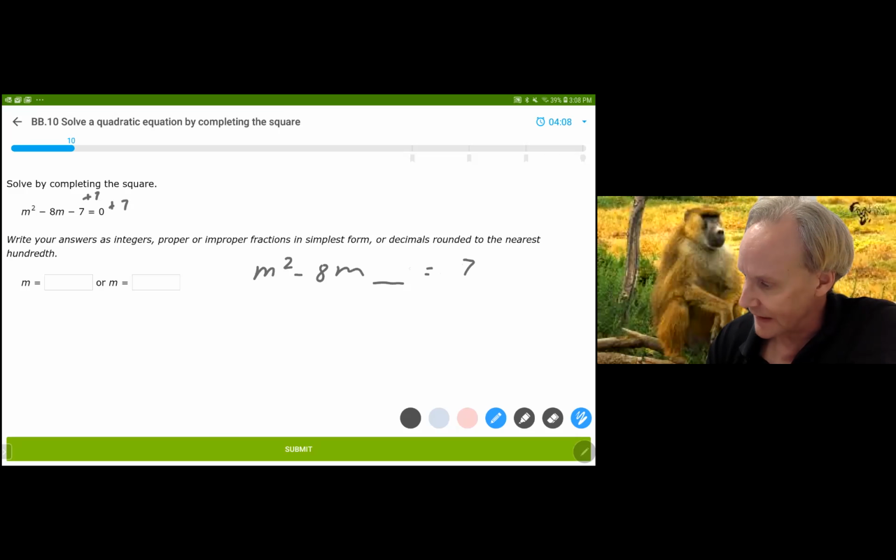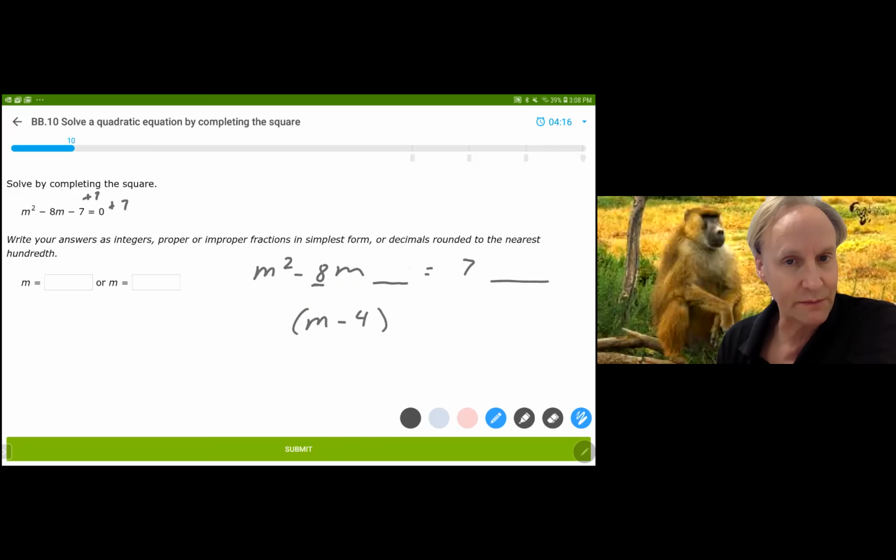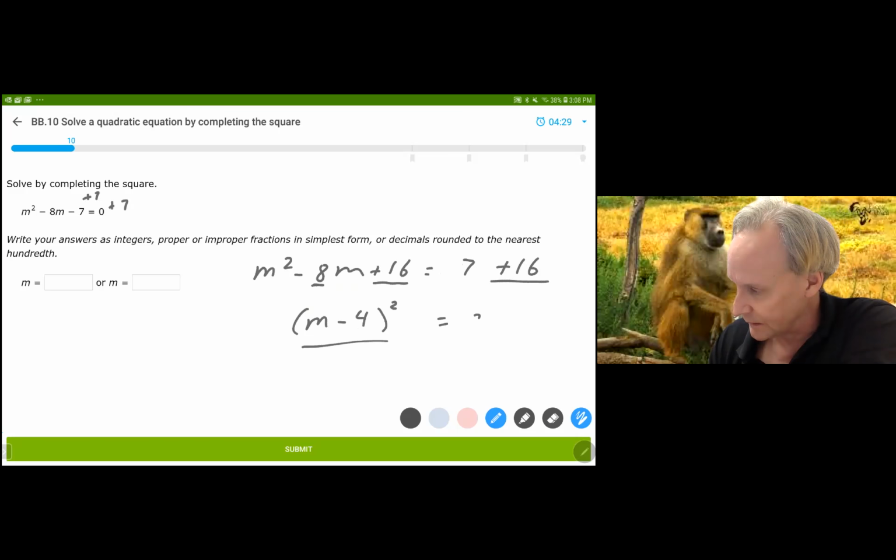So what do I need to add to make it m minus, and we know that it's got to be 4 so that I get a minus 8m in the middle, squared. And for this to happen, this had to have plus 16 here. And 7 plus 16 is 23.